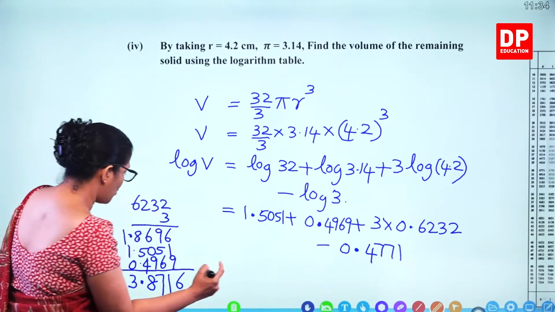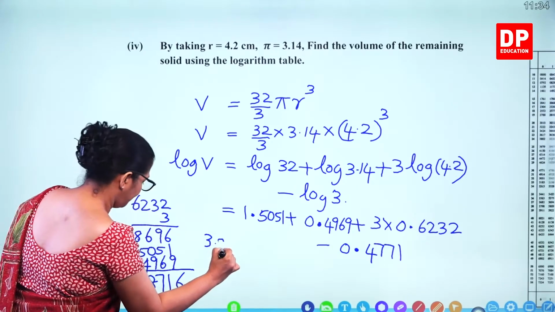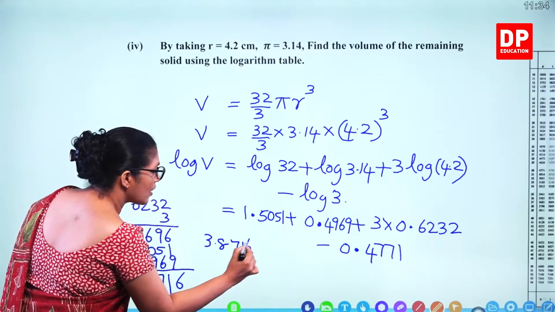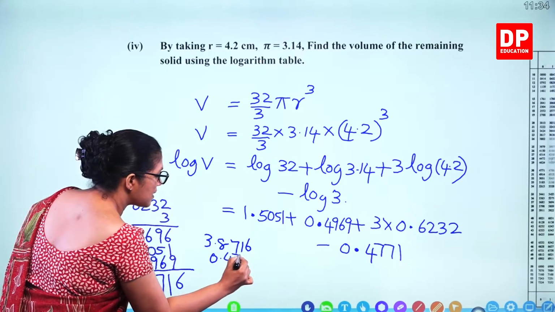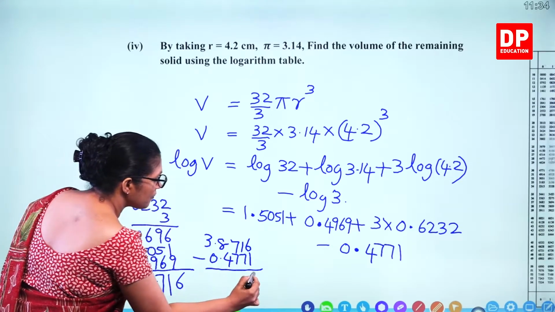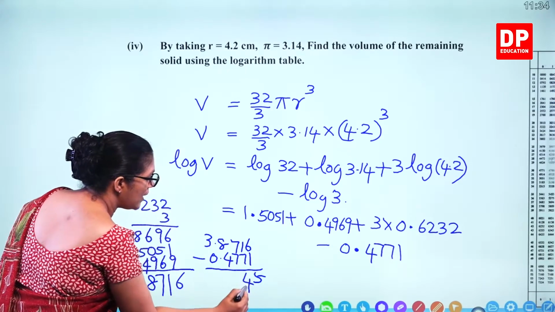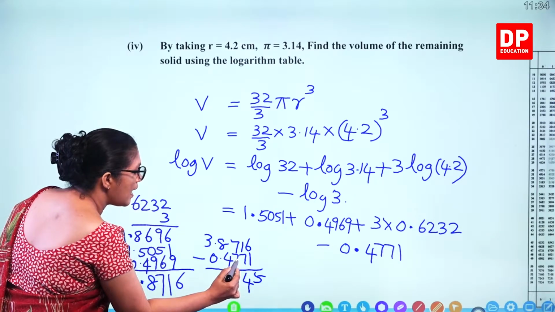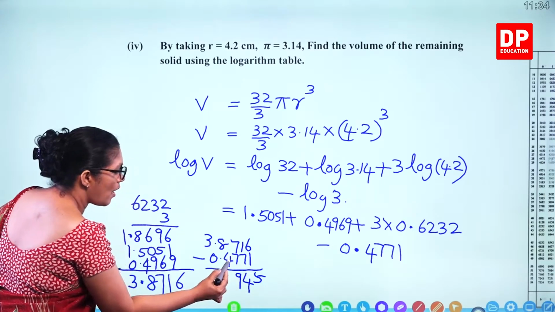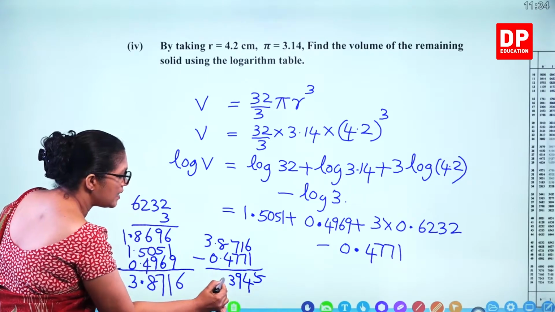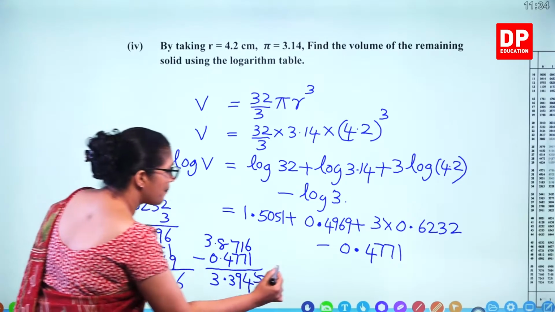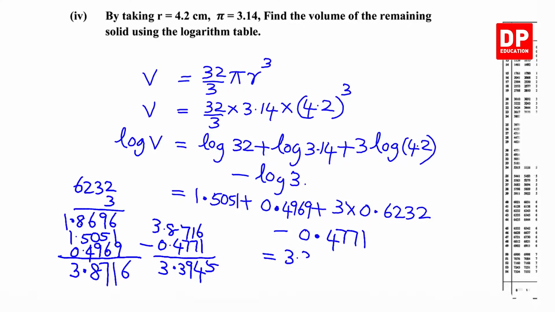Now we need to subtract 0.4771. 5, 4, 11 and this is 8. 8 and 9, 17, 1 remaining, 5 plus 3, 8. So 3.3945. That's log of V.